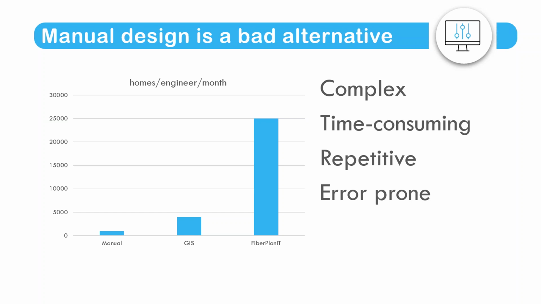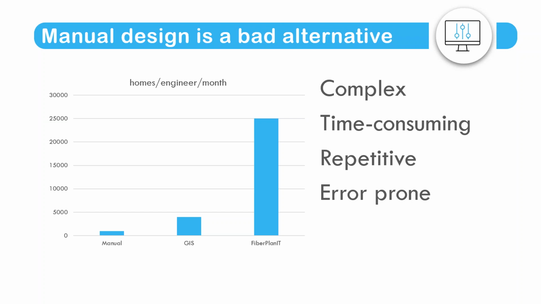Now, first of all, doing a design following the architecture, applying it to the area, is quite a complex process. There are a lot of factors to take into account, and doing the drawing is time-consuming. It's a time-consuming job to make sure that your network design is correct, that all the homes are being fed correctly, and it's quite a repetitive task as well.